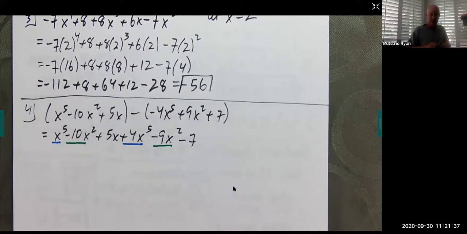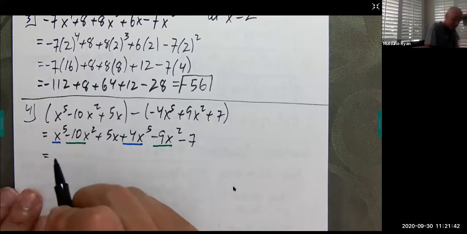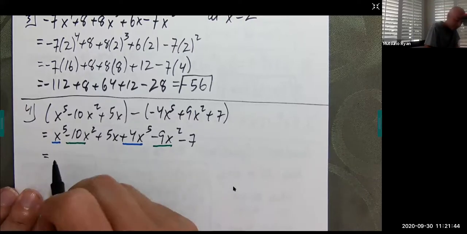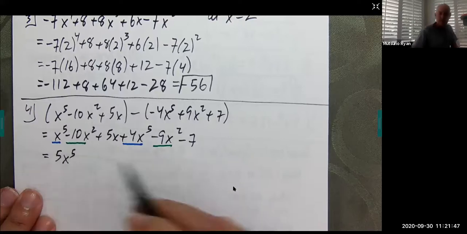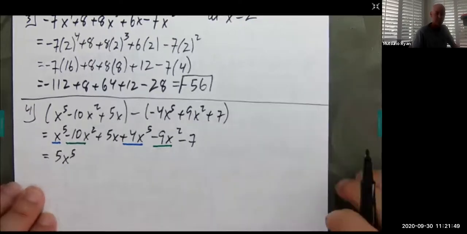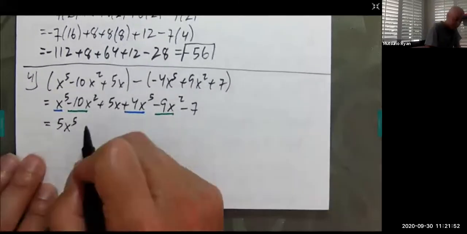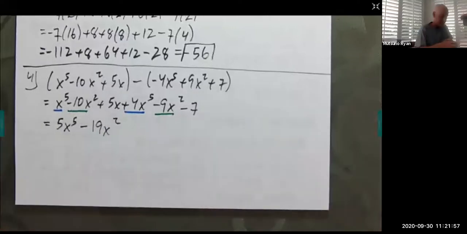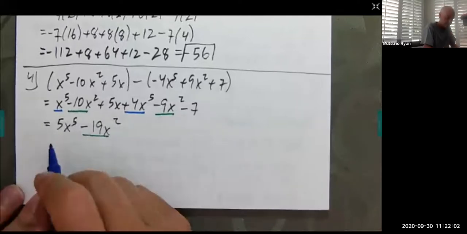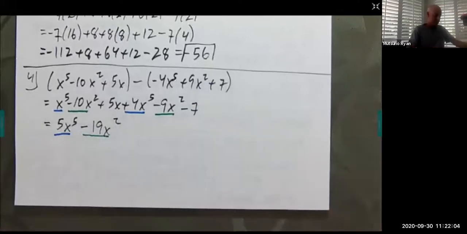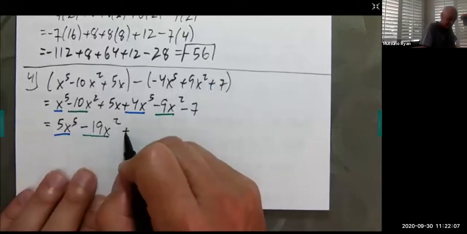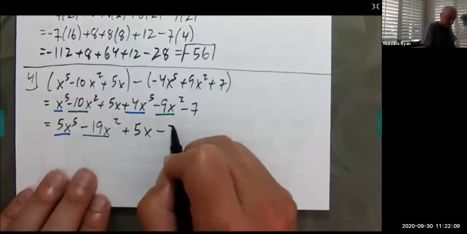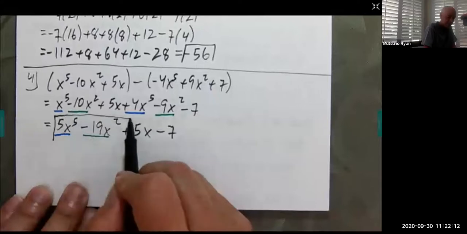And the rest of these, the 5x and the 7, are not like terms, so they don't combine up. So 1x to the 5th plus 4x to the 5th, that is 5x to the 5th. Minus 19x squared. Again, this is the result of the green. And this is the result of the blue. Plus x minus 7. And again, these don't combine up. They're not like terms.